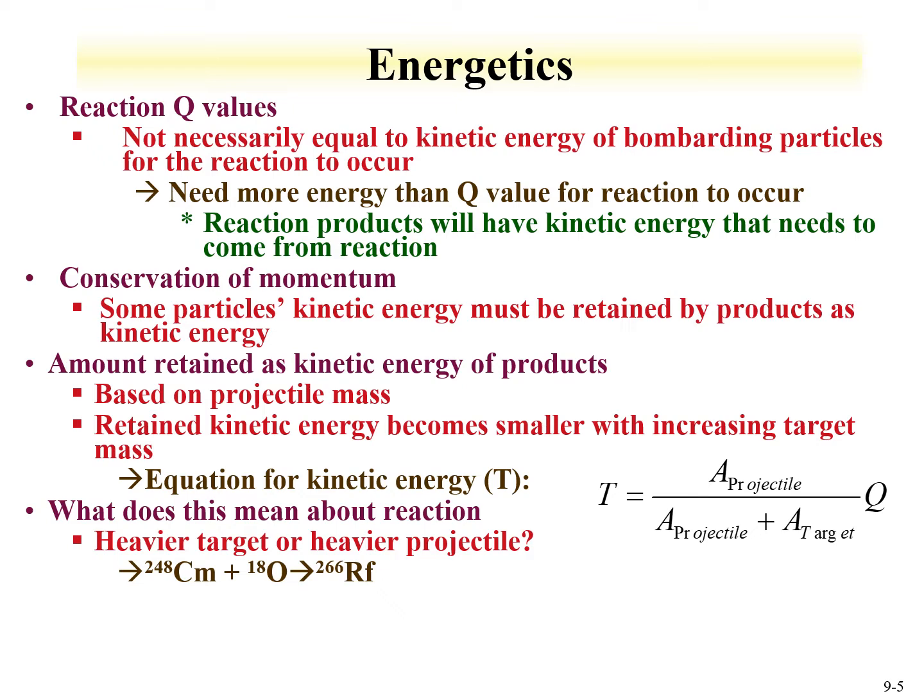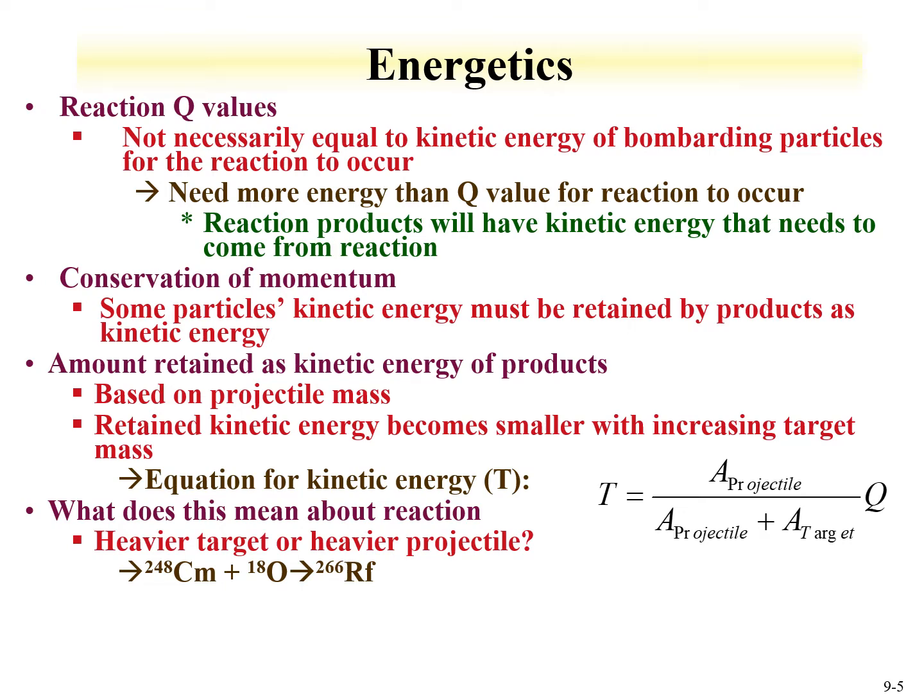Let's continue evaluating these energetics in reactions and discuss the Q value. The Q value is not necessarily equal to the energy that's necessary for the reaction to occur. Oftentimes, for a reaction to proceed forward, the energy will need to be greater than the Q value. This is because products will also have kinetic energy that needs to come from the reaction.